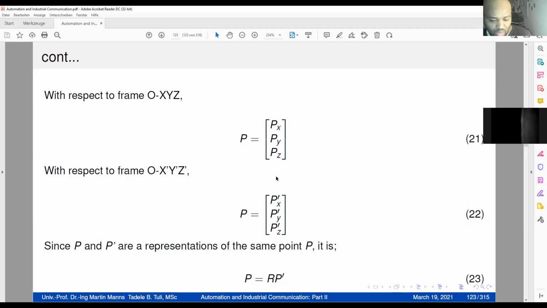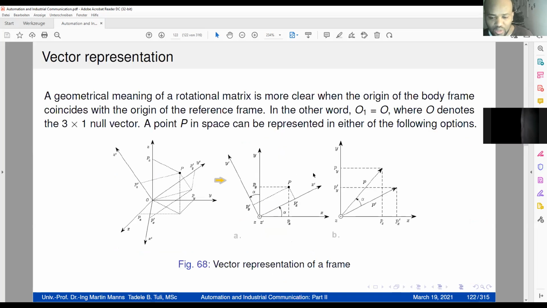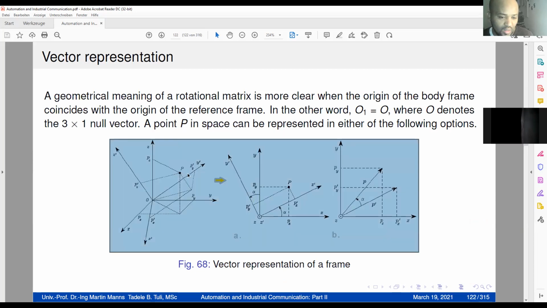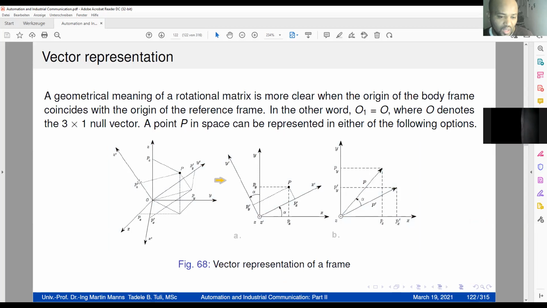In order to do that, assume you have 2 points, one is P and the other is P prime, with components px prime, py prime, and pz prime.